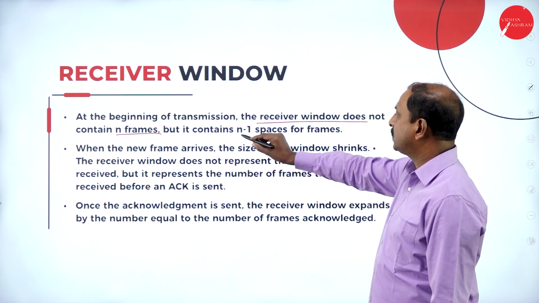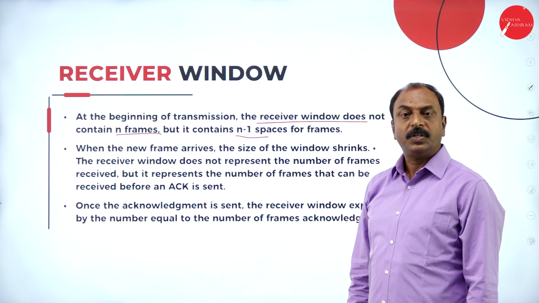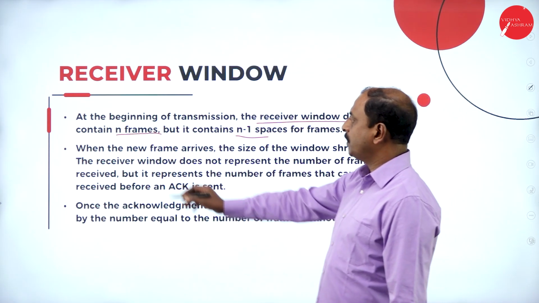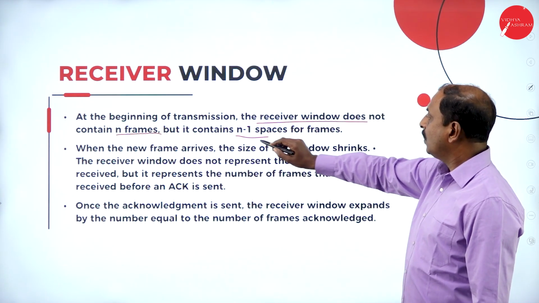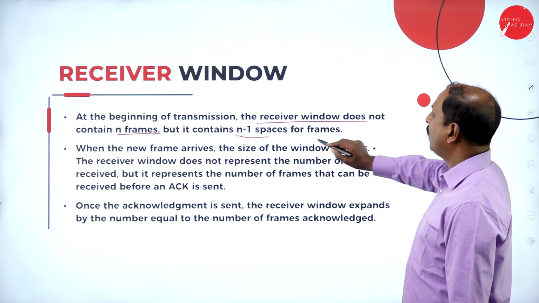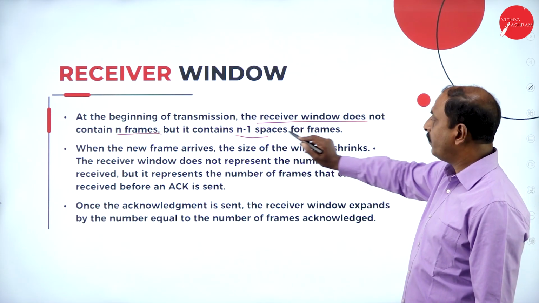So n-1 spaces will be available. Suppose there are 4 frames, that is n-1 frames, and here 4 spaces will be available, or 4 frames are free in a window.